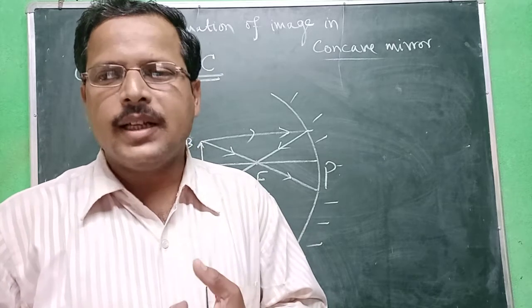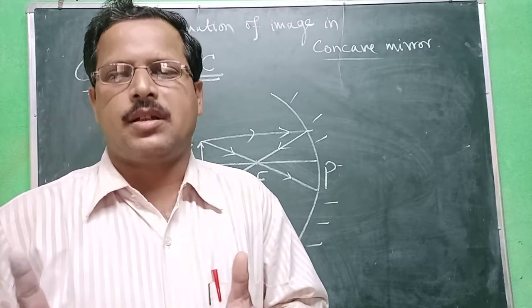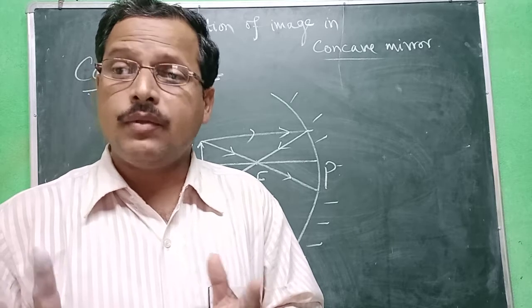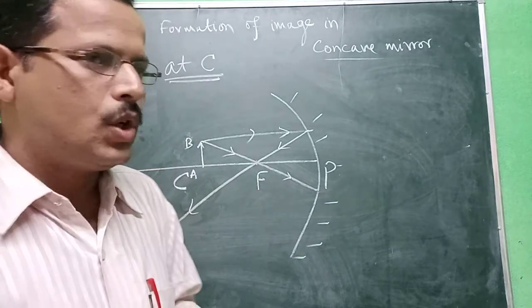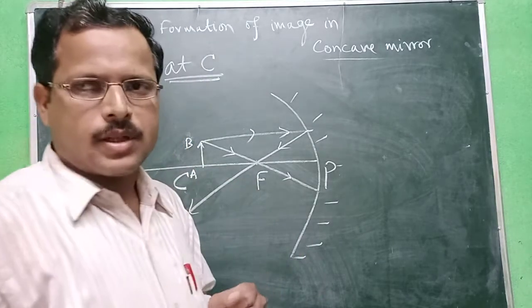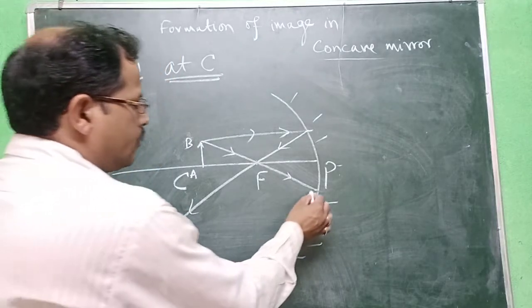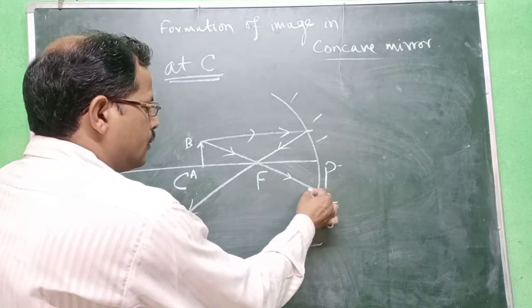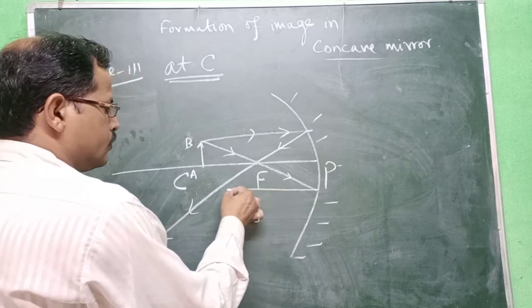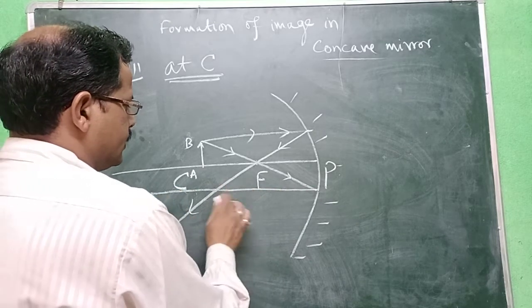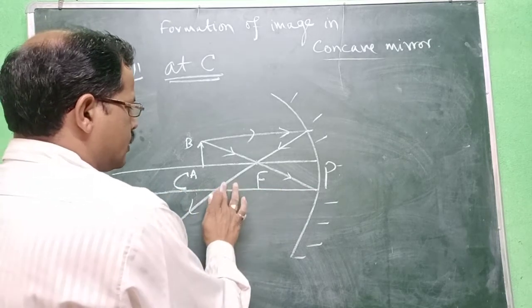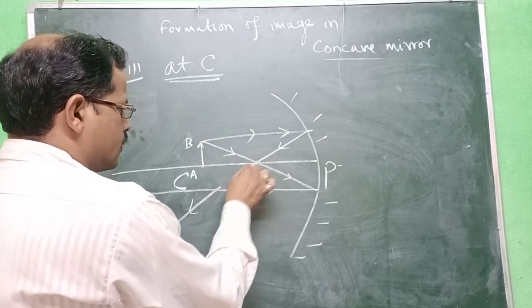The reflected ray is parallel with the principal axis by the law of reflection, the rule I told in my previous section. So it will go parallel with the principal axis, just like this.